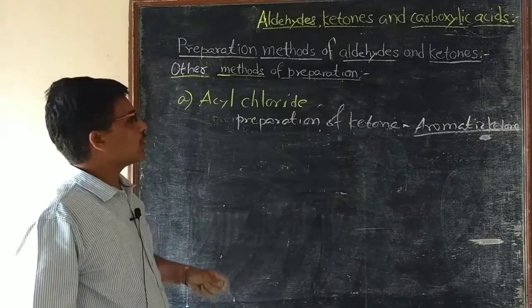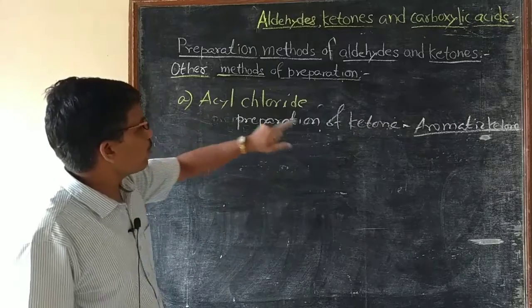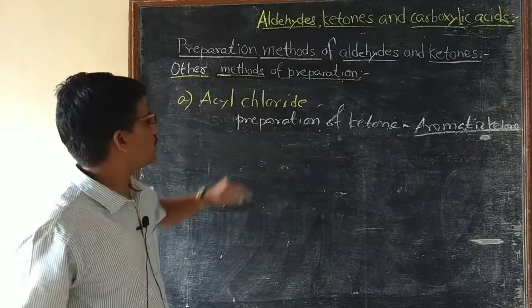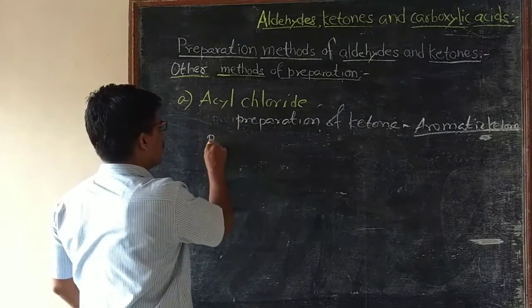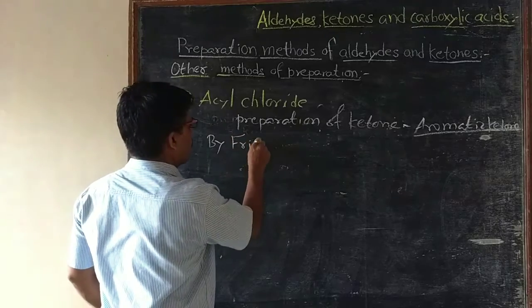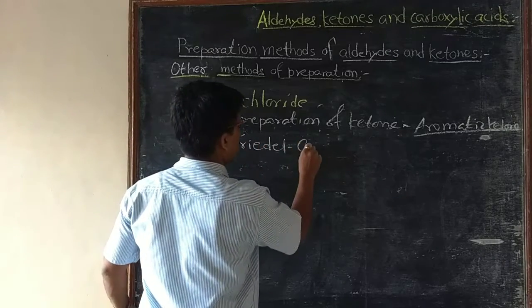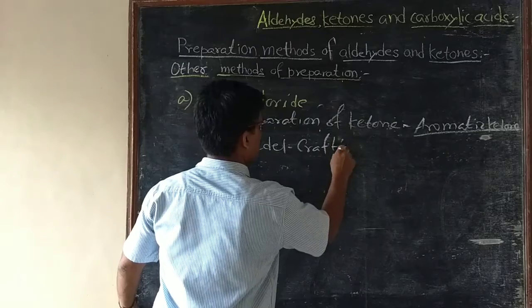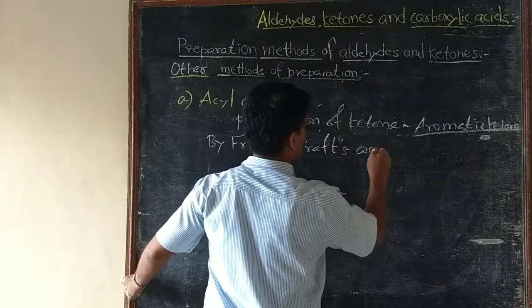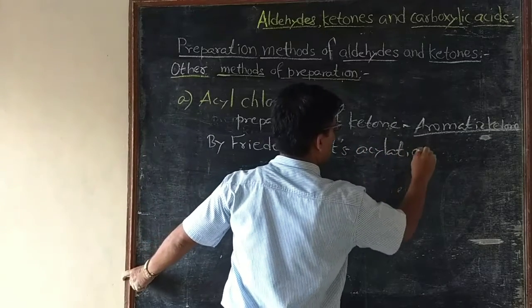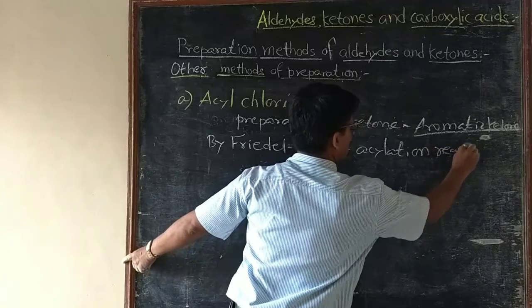Then one of the methods for preparation of aromatic ketones from acyl chloride is by Friedel-Crafts acylation reaction.